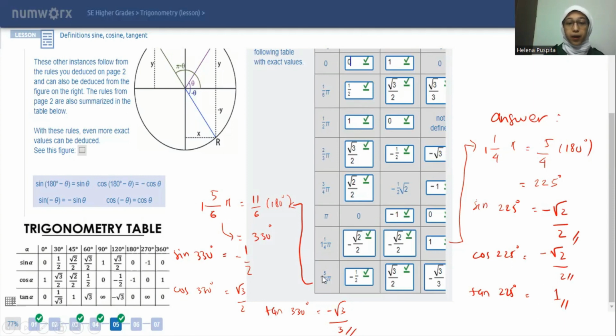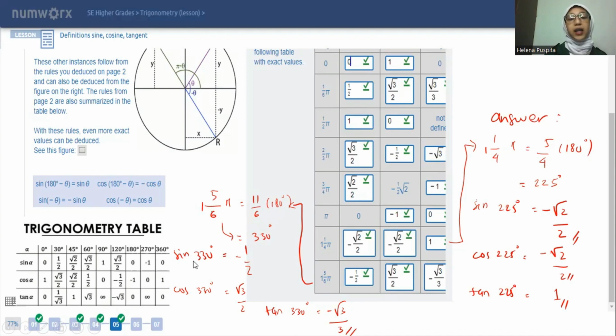And then 1 times 5 over 6. 5 plus 6 equals 11 over 6. π is 180 degrees, so 11 times 180 degrees over 6 equals 330 degrees.